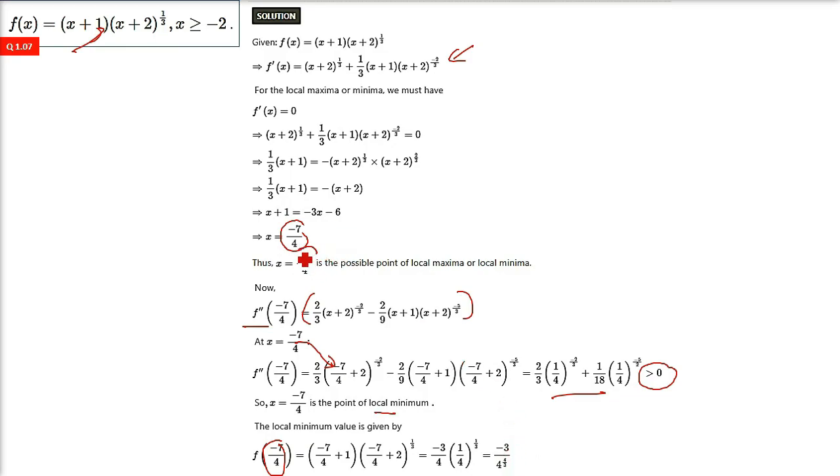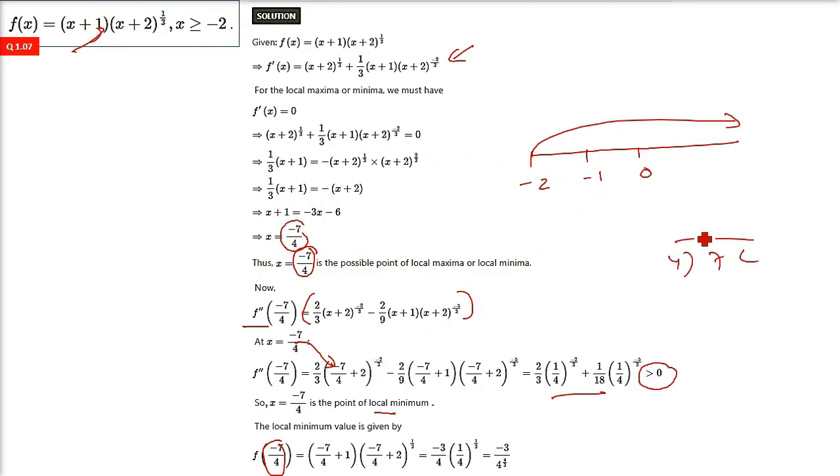And negative 7 by 4 is actually greater than or equal to minus 2. How do you conclude it? Because we have x equal to or greater than negative 2. Everything on the right is the value which is acceptable or admissible. But we got x equals negative 7 by 4.